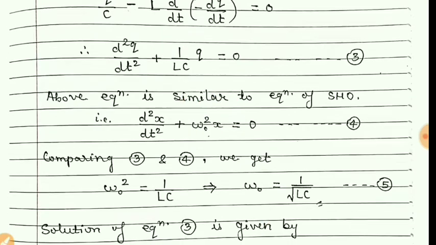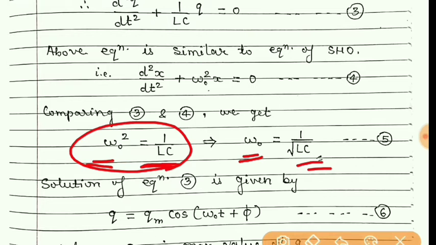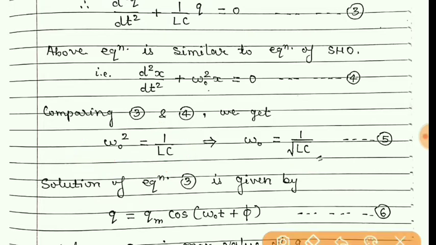Taking square root on both sides, on the left side we get omega naught, and on the right hand side we get 1 upon root of LC. So this is the frequency of oscillations.